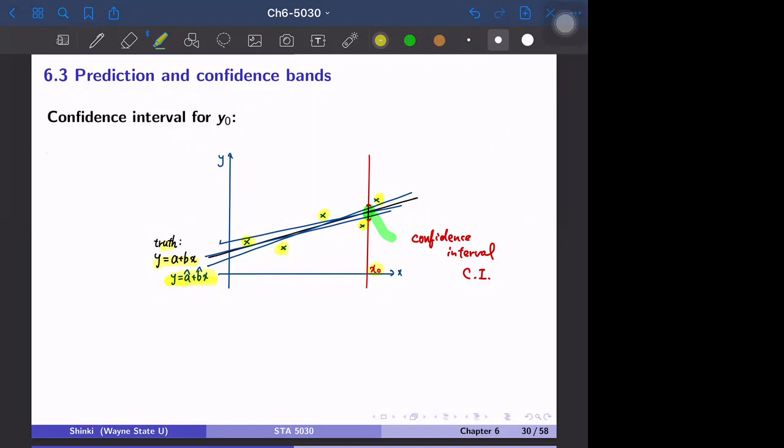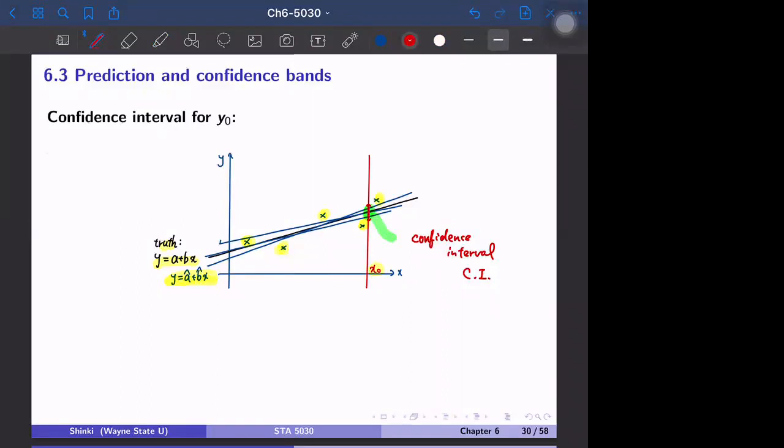And suppose we have different 5 points, just the same number of observations from the same data generating process, then we have a different regression line. So I draw 3 regression lines here, and the intercept of these regression lines at x equal to x0 is included in this interval.